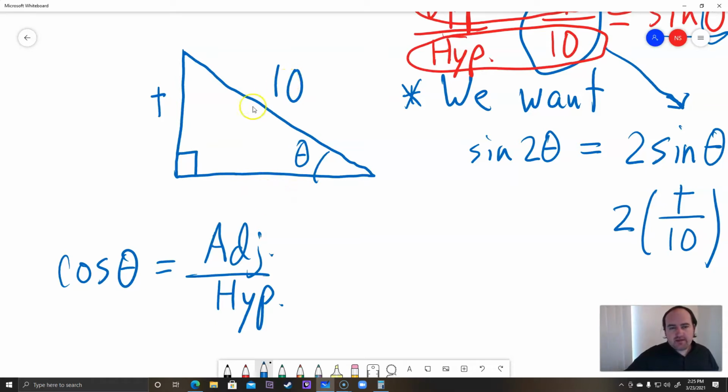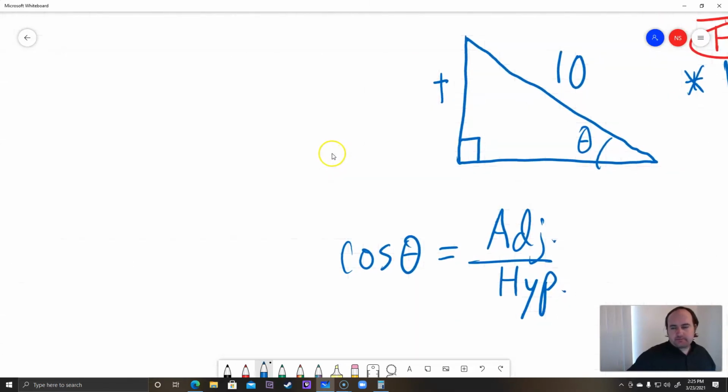But if you use the Pythagorean theorem, you know that this squared plus that squared is 10 squared. So the adjacent squared plus t squared equals 10 squared. I don't even know what to call this side, so I'll just call it adjacent so we know what it is.